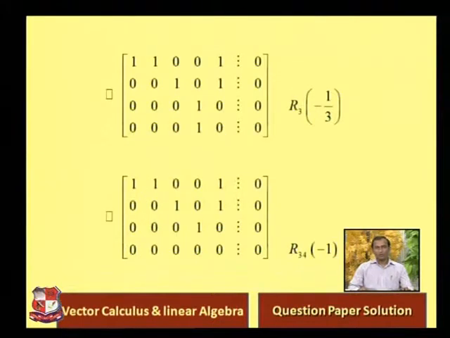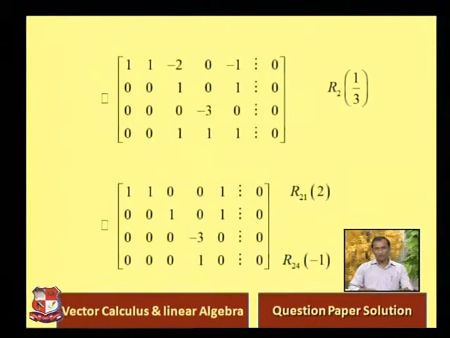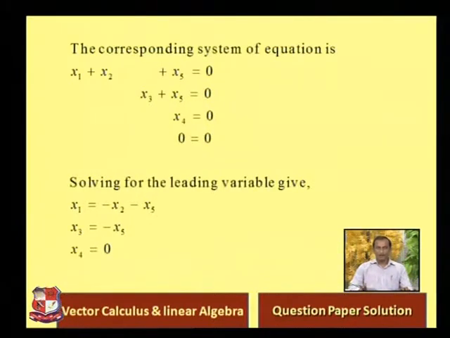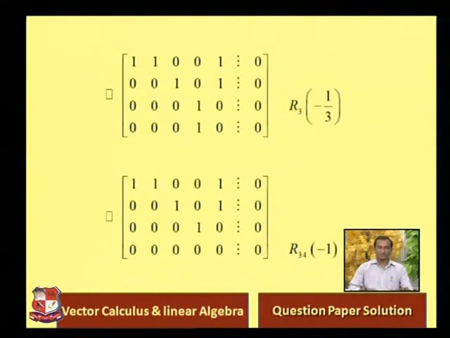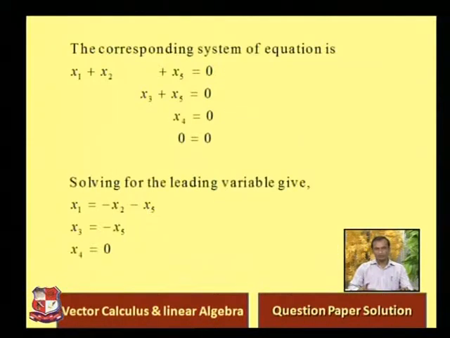Similarly in the second row, 0 times x1, 0 times x2, 1 times x3 is x3, 0 times x4, 1 times x5 is x5, and the constant term is 0. So the next equation is x3 plus x5 equals 0. Third, only x4 has a non-zero coefficient, so x4 equals 0. And the last row is 0 equals 0, because all coefficients are 0.